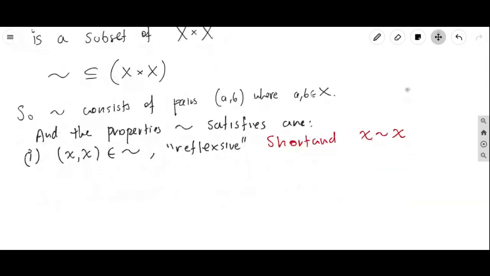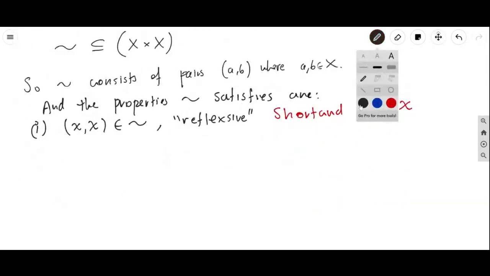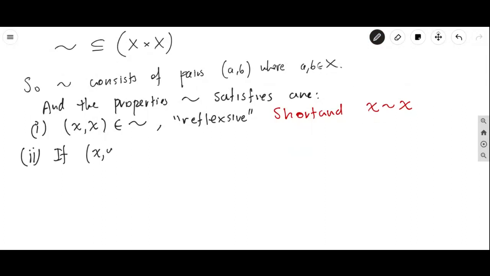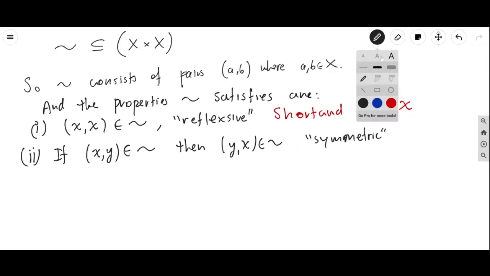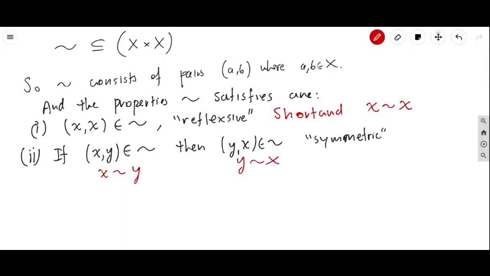Then the next property says that if (x, y) is an element of tilde, then flipping them the other way around, (y, x), is an element of tilde. This is called the symmetric property. And the shorthand is to say x is related to y, then y is related to x. That's the way we usually prefer to use the notation. It looks a little bit nicer.